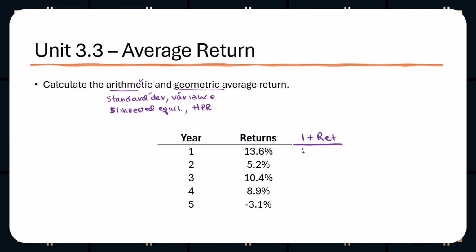So the first one is 1.136, that's 1 plus the 13.6%. We get 1.052, followed by 1.104, 1.089, and then our last one is 0.969. That's again just 1 plus each one of those returns.